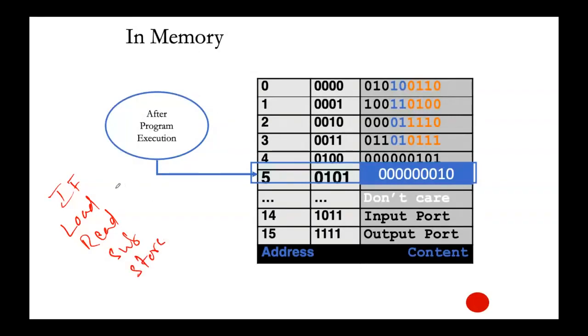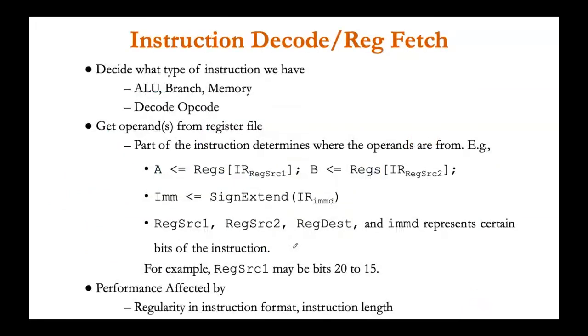Then in the execution cycle, their operands are also supplied to your functional units, and the write back operation happens at the end. Let me just summarize again what is happening in instruction decoding. The instruction decoding and register fetching happens in this stage.